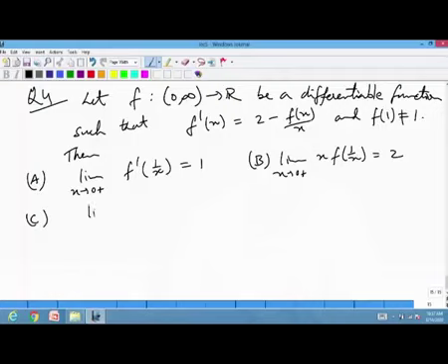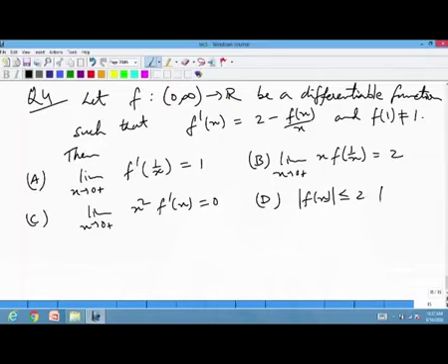C is limit x tending to 0 plus x square times f prime x equal to 0. D is mod f x is less than or equal to 2 for all x belonging to the open interval (0, 2).